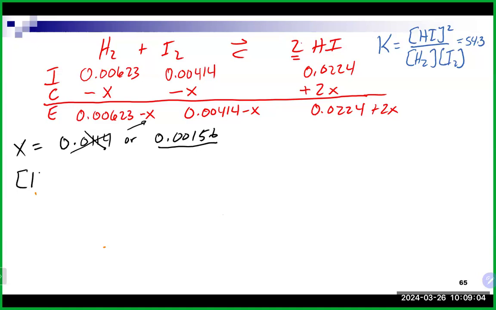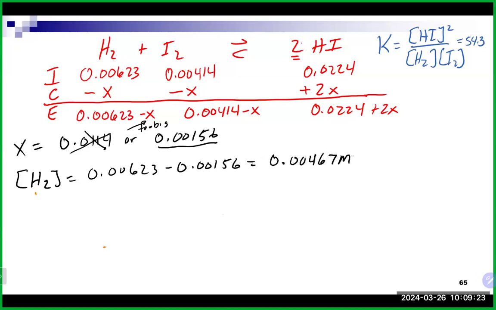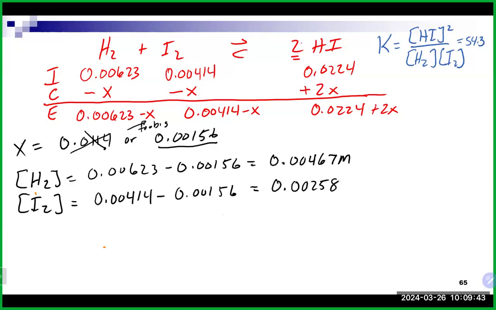That means the concentration of H2 would be 0.00623 minus 0.00156, which is 0.00467. We're going to do our I2, which would be 0.00414 minus our x value. And that's going to get us 0.00414 minus 0.00156, 0.00258.